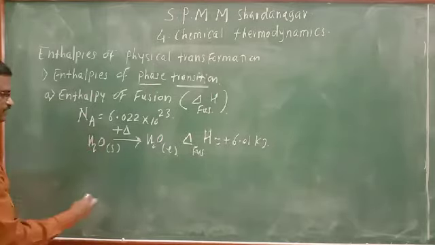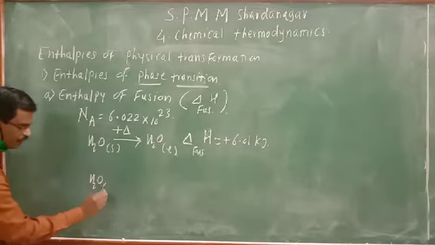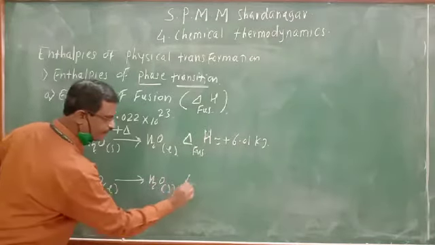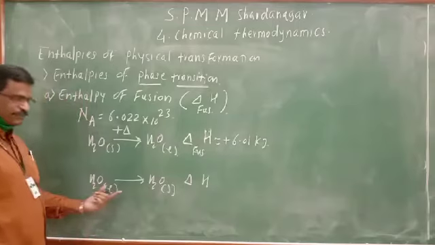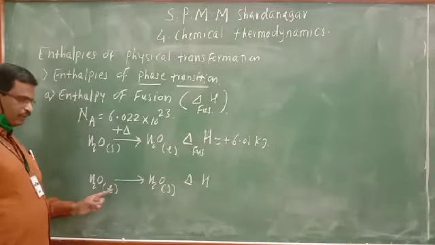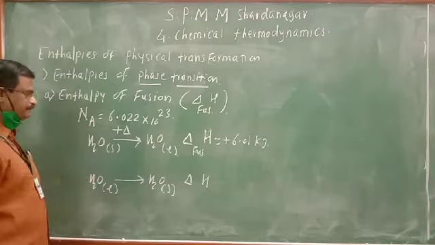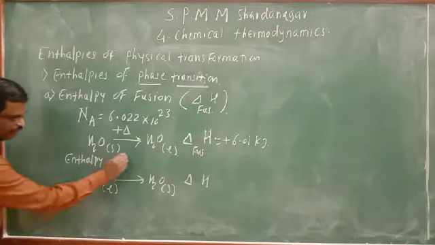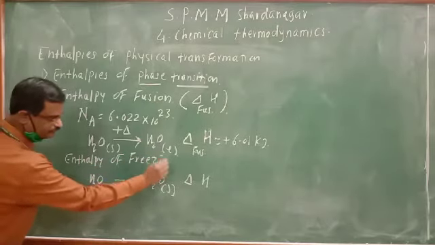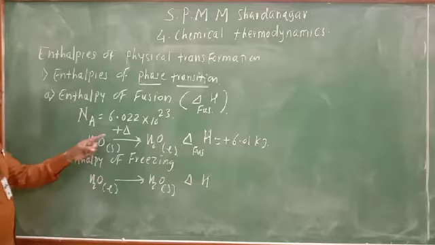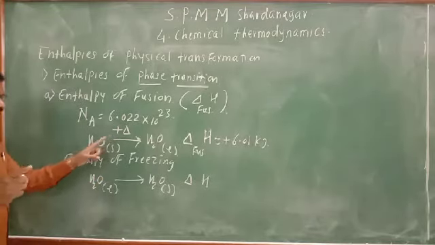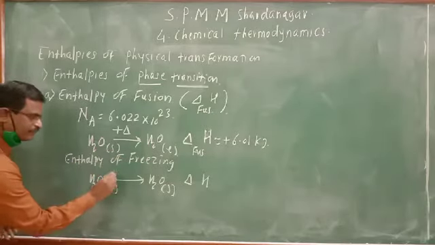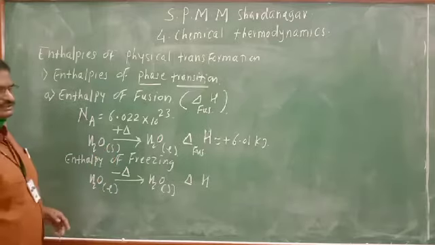If we take the opposite change, H2O liquid converted to H2O solid, delta H. What is this process now? Liquid to solid is known as freezing and the enthalpy is known as enthalpy of freezing. Here absorption of heat takes place when solid is converted to liquid. Now liquid is converted to solid means loss of heat takes place.